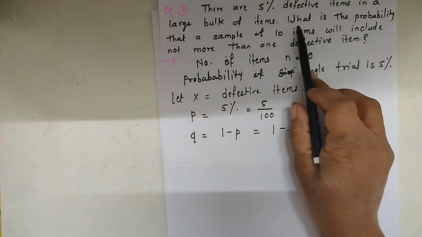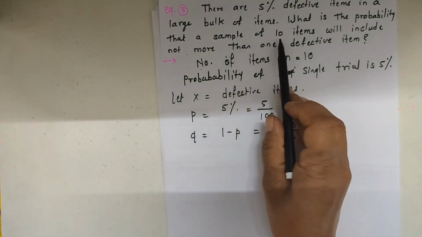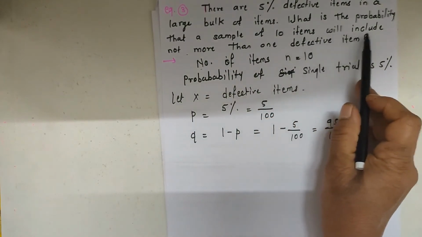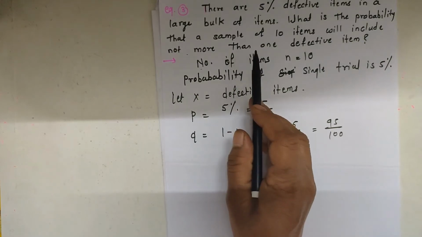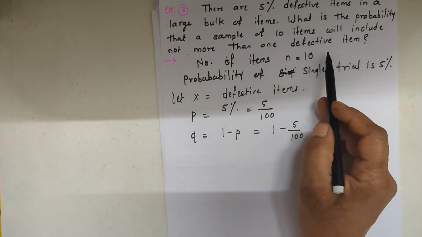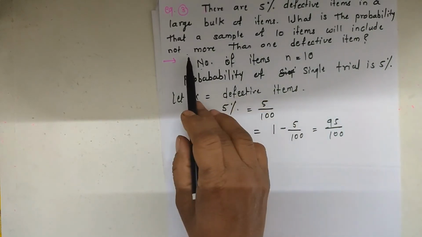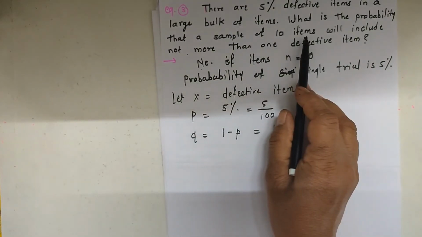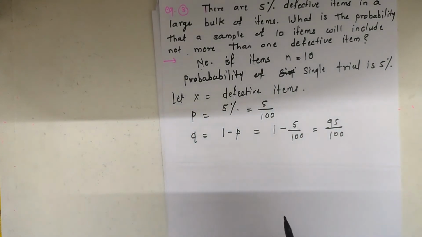Now the question is, what is the probability that a sample of 10 atoms will include not more than one defective atom? So here we have to find the probability of a number of atoms not more than one defective atoms.